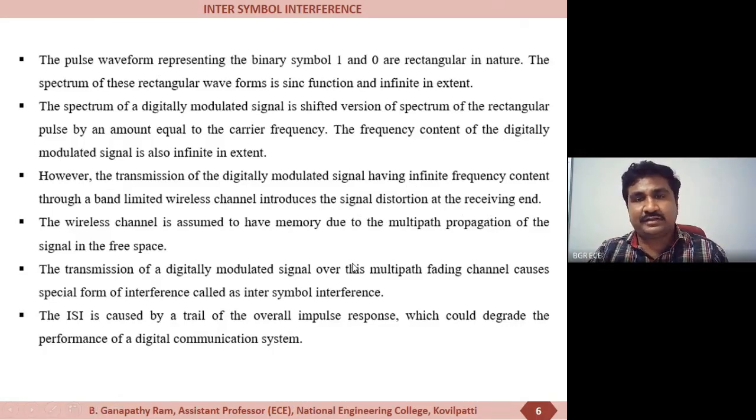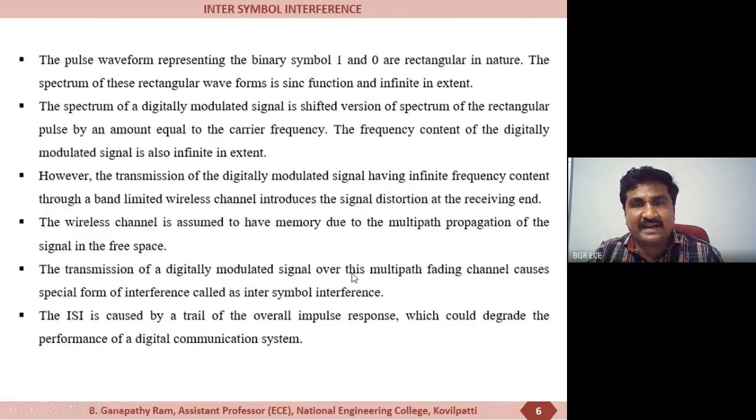This can also occur due to the multipath propagation of the signal in free space in wireless channels. Because of multipath propagation, we can have multiple versions of the transmitted signal at the receiver end, which cause rapid amplitude fluctuation that reduces the quality of the received signal, which is simply called multipath fading.